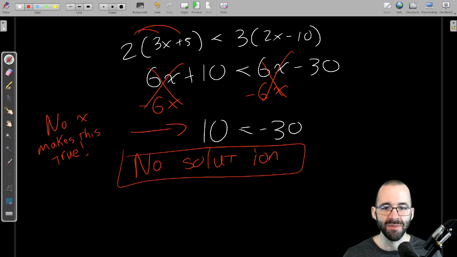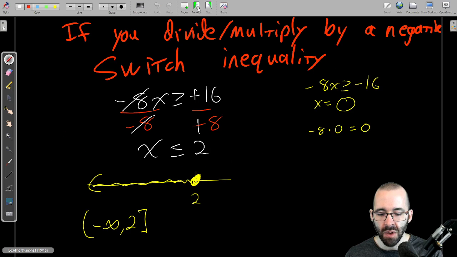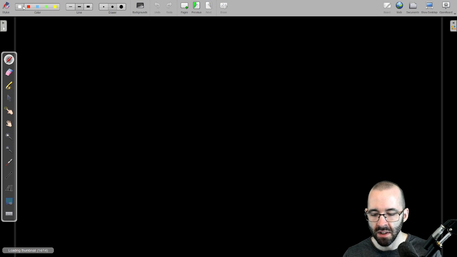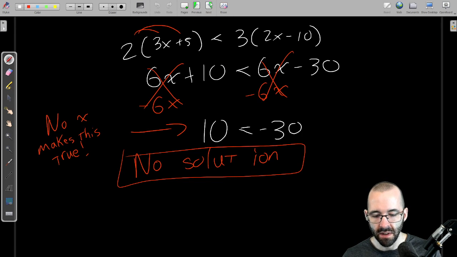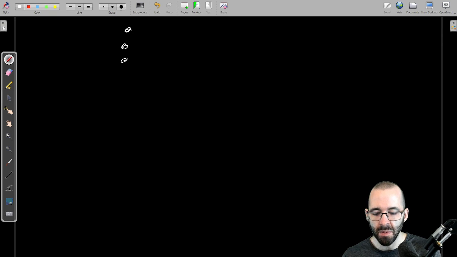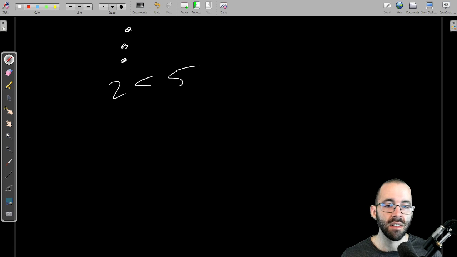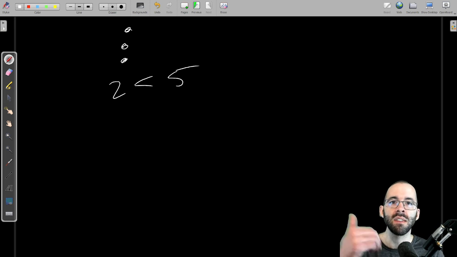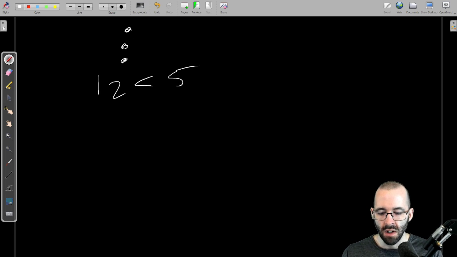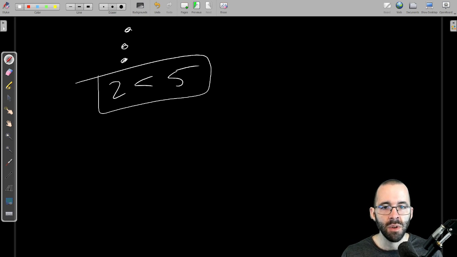But if we were doing a slightly different problem, and we get to something like 2 is less than 5, we ask ourselves, what do we do? There's no x's anymore. Remember what solutions mean: a solution just means it makes it true. What value of x would make this true?